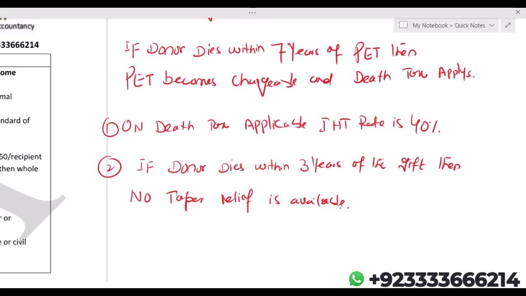Let's say you come across a multiple choice question where the examiner is asking you when IHT on death will be maximum. The answer is when the donor dies within 3 years of making the gift, then IHT will be maximum. The logic behind that is because no taper relief is available.